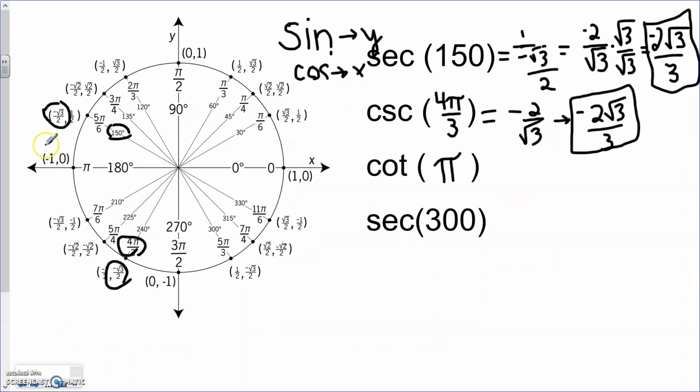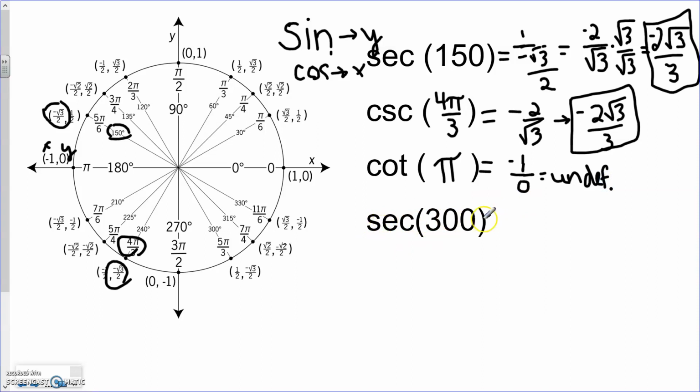So here's my x coordinate, here's my y coordinate. So negative 1 over 0. Well, 0 is the denominator. Can we divide by 0? No, we cannot. So this answer right here is undefined. I'm just going to abbreviate.